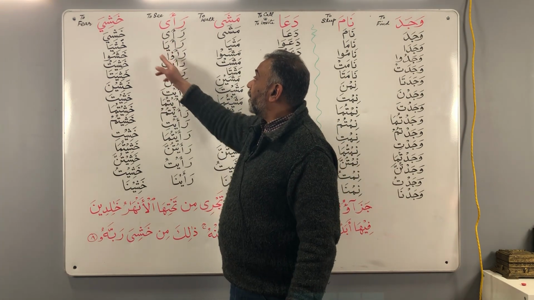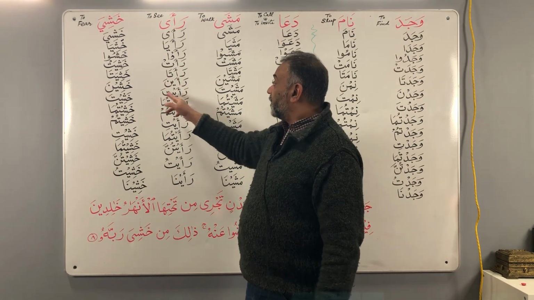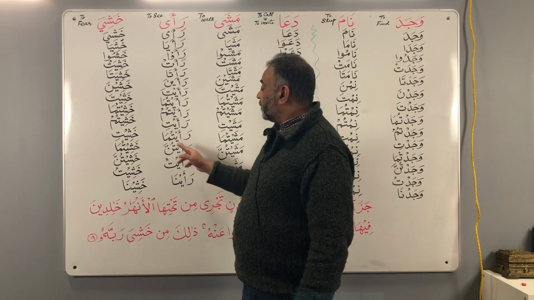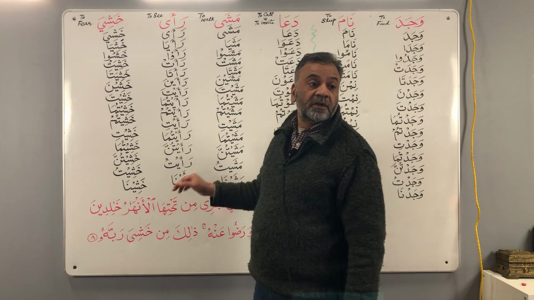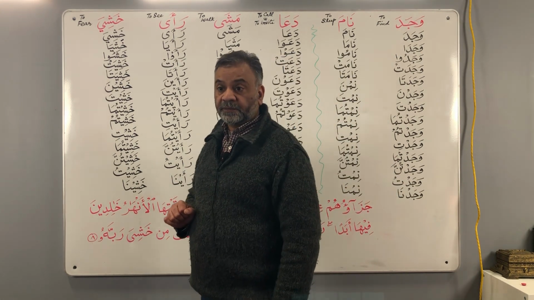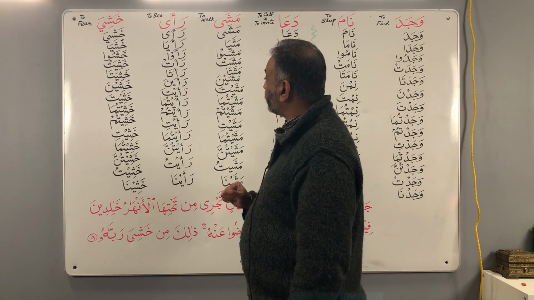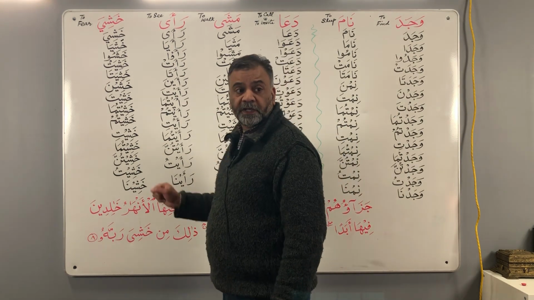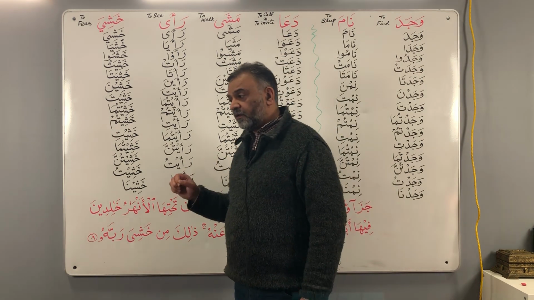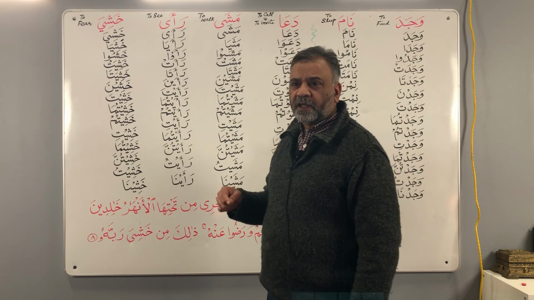Ra'a, ra'aya, ra'aw, ra'at, ra'ata, ra'ayna, ra'aita, ra'aytuma, ra'aytum, ra'ayti, ra'aytuma, ra'aytunna, ra'aytu, ra'ayna. We'll do ra'a in more detail, because this is a verb that has been used very frequently in the Quran.